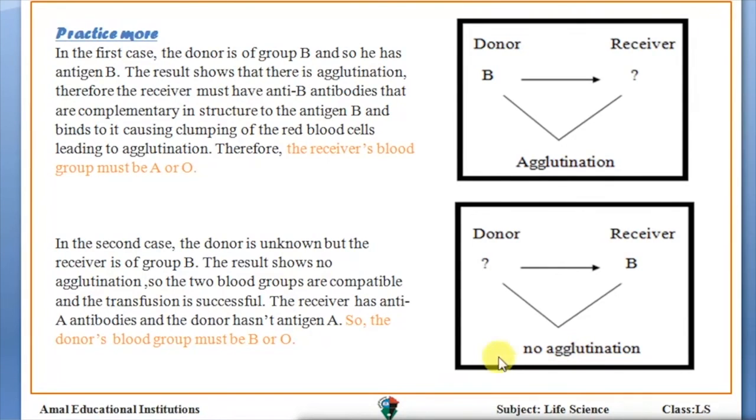This would tell you that the anti-A antibodies here did not bind to the antigen found in the donor. So the donor does not have antigen A. Now, which blood group or groups do not have antigen A? They are group B and O. Therefore, the donor's blood group must be B or O.